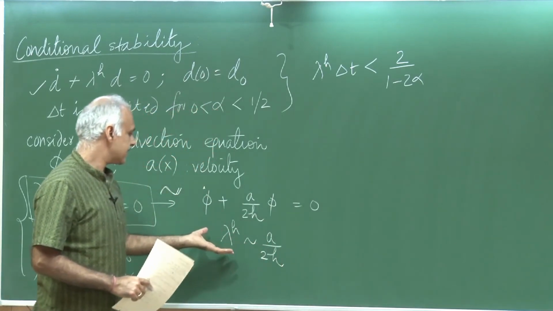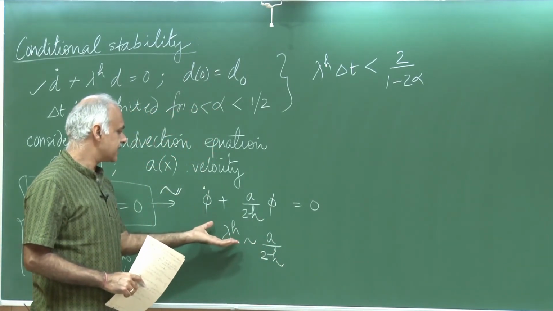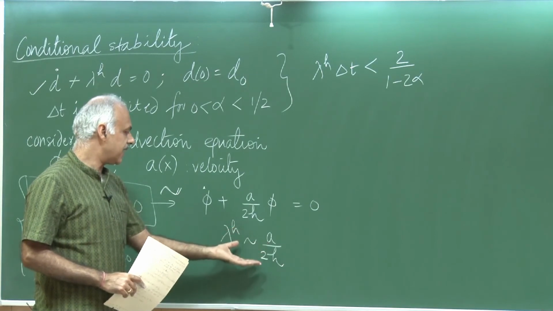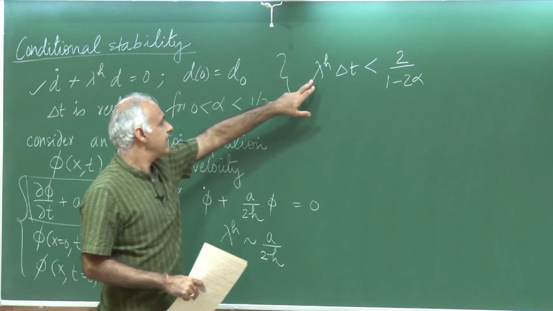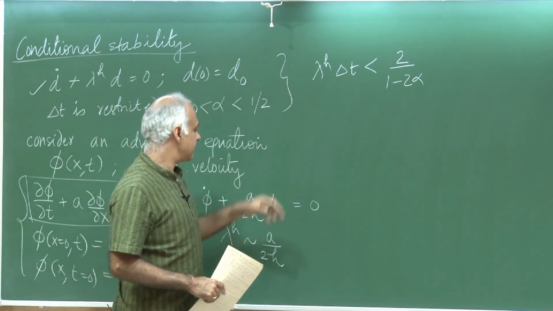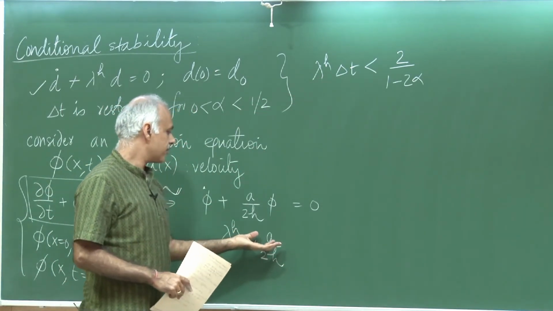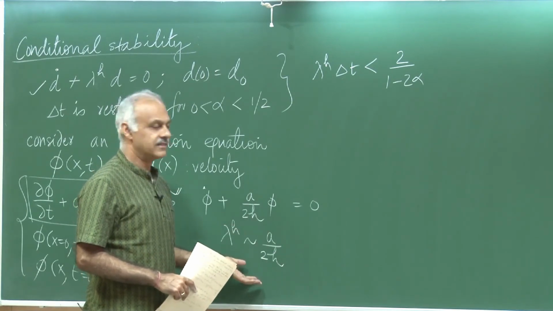But if we look at this equivalence here, that lambda h is almost varying something like A by 2h, then one could possibly think that maybe lambda h times delta t could give us some condition. Okay.